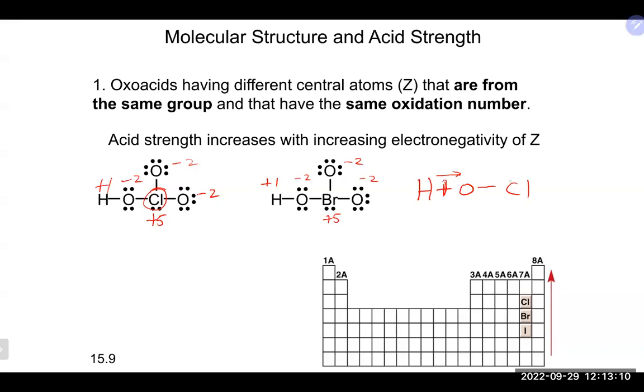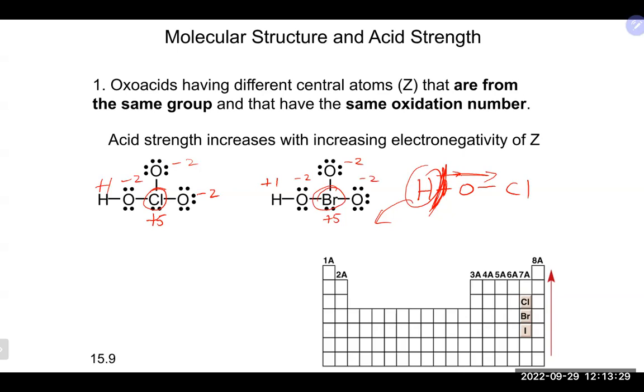Now you've got the chlorine here that's also more electronegative, which is going to pull those electrons even further in towards the chlorine, which is going to weaken this bond a lot more and allow it to come off easier than bromine, which is not going to pull the electrons as much. You're going to make it harder for it to come off.